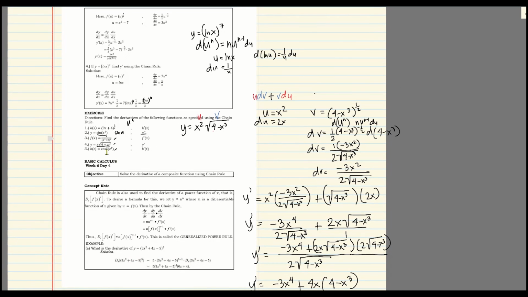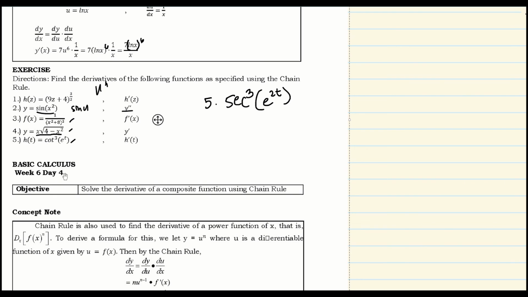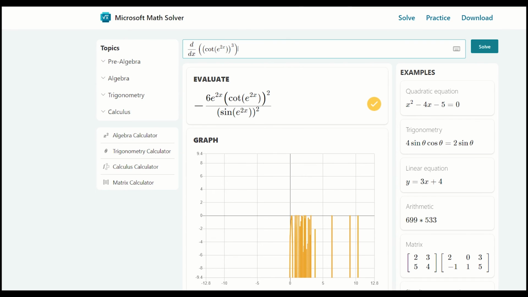So I'll make an example again for this number 5. Here in the example, just like exercise number 5, instead of using cotangent to the power of 3, we will use sec to the power of 3, right?